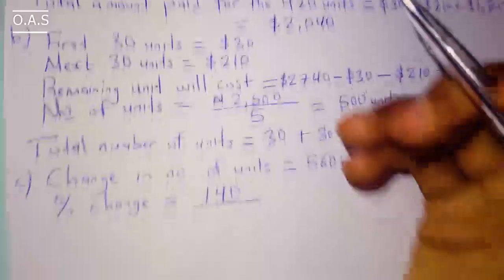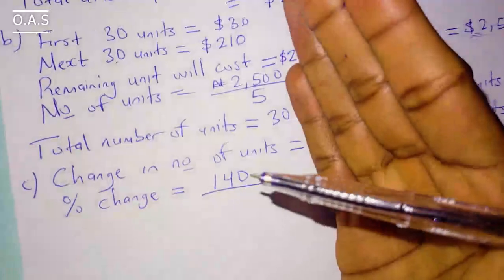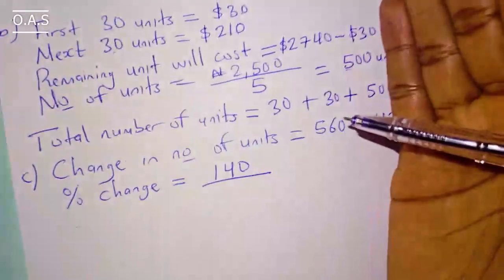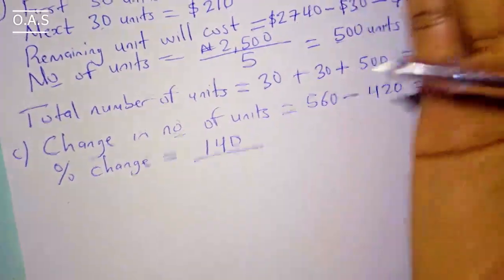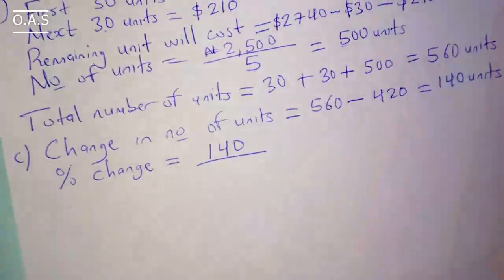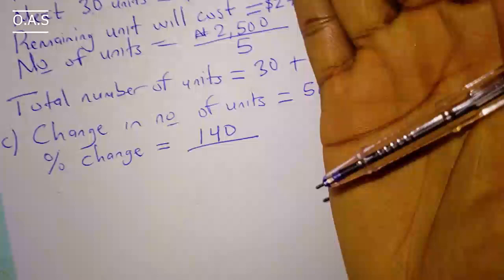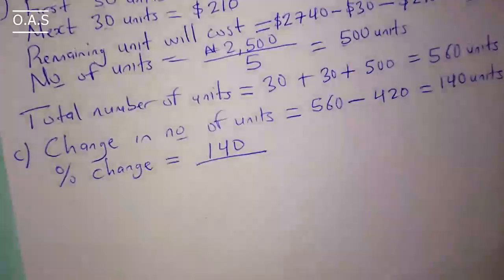Now, when something increases, say for instance, the cost of a particular material increases from 1,000 to, let me say, 1,200, then they ask you for the percentage change. The difference in the amount is 200, from 1,000 to 1,200. So that will be 200 over the initial amount, that is over 1,000.